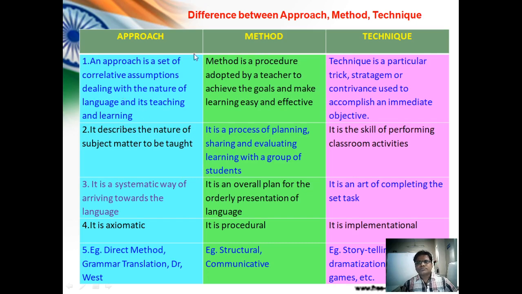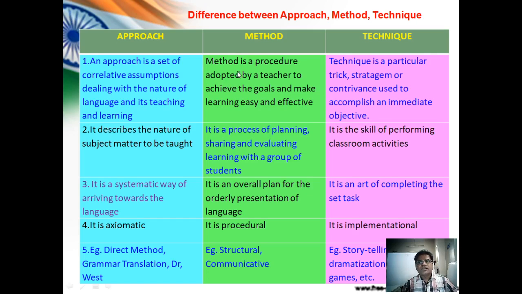Now move towards method. What is meant by method? Method is a procedure adopted by the teacher to achieve the goals and make learning easy and effective. For teaching of content, a particular method should be used by the teacher to achieve the objectives of a particular curriculum or standard.